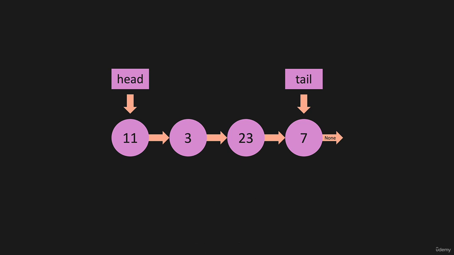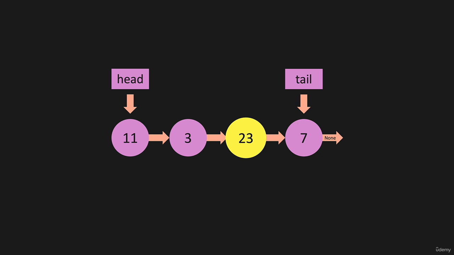So now let's look at lookup with a linked list. Let's say we're going to look for that number 23. We have to start at the head and say, is this 23? It is not, and keep going through until we find it. Also, with a linked list, if we're going to look at this by index, and the 23 is at the index of 2, you have to start at the head and iterate through the indexes until you get to the index of 2.